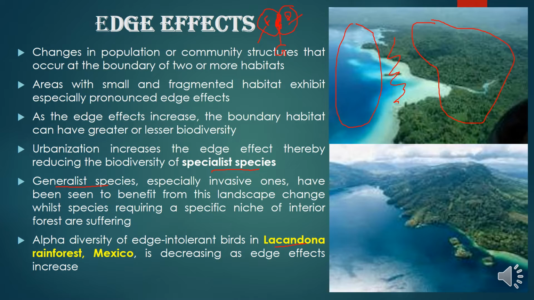The diversity of birds is directly dependent upon the distance from the core area. The diversity of specialist birds is found only in the core region of forests, while generalist bird species are usually found very close to human habitation or the edge of the forest.